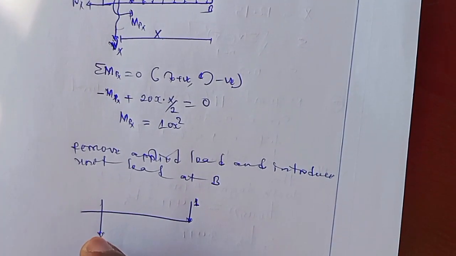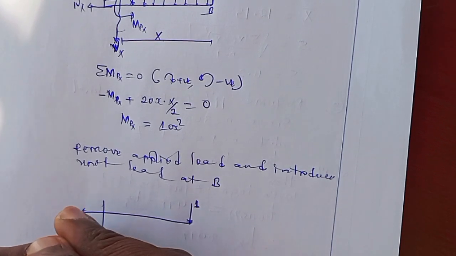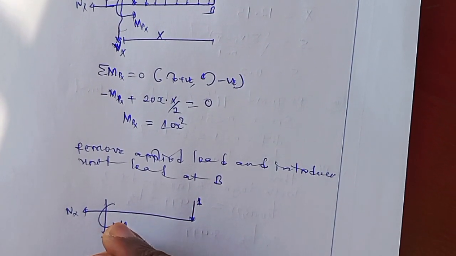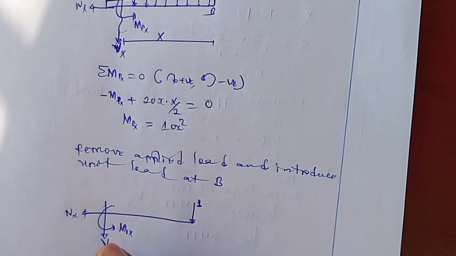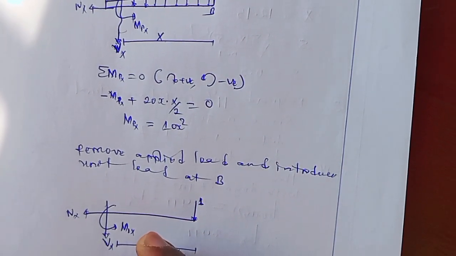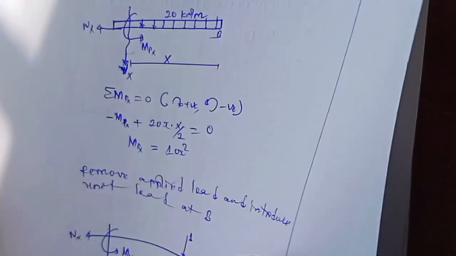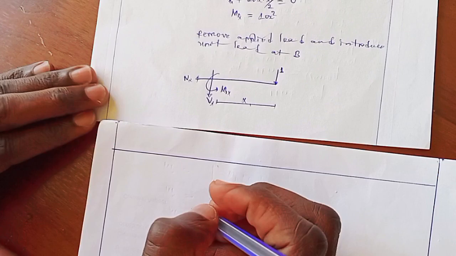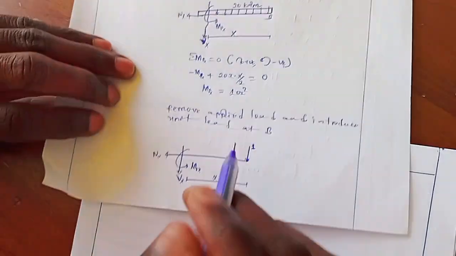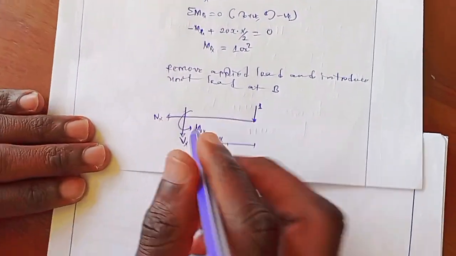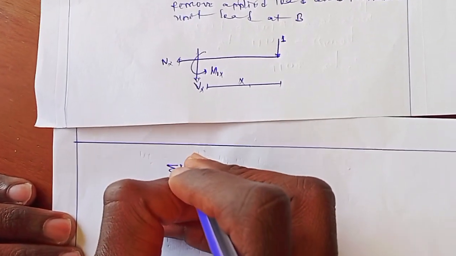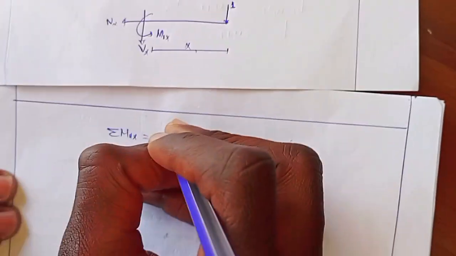This will be the shear force at x, normal force at x, and unit moment at point x. This is distance x, a known distance x. In order to obtain the moment due to unit load for this system, we take the summation of moment at x equal to 0.